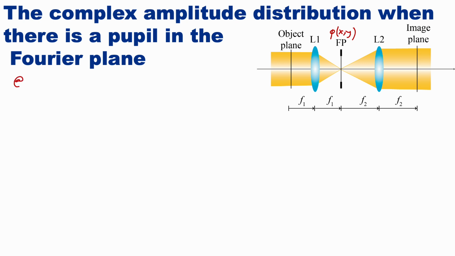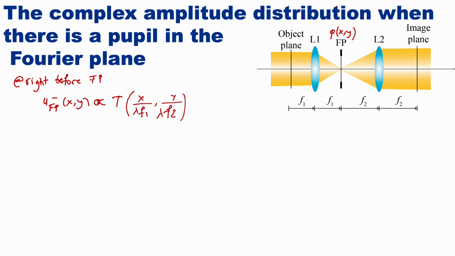Remember that we need to do the step right before the Fourier plane. So right before the Fourier plane, and I'm ignoring some constant first term, what we have here is the Fourier transform of our input, the scaled Fourier transform of our input.